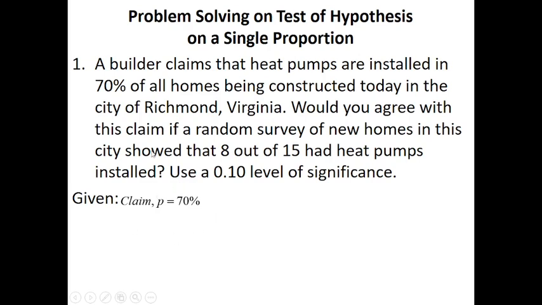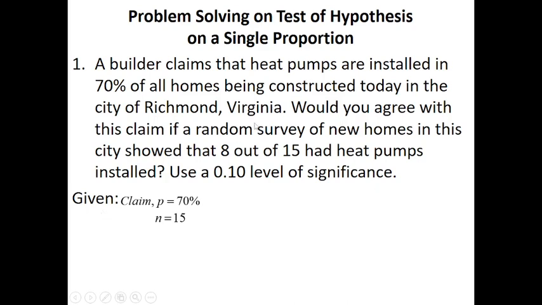Would you agree with this claim, if a random survey of new homes in this city showed that 8 out of 15 had heat pumps installed? There's a random survey, and it shows that 8 out of 15 new homes had heat pumps installed.